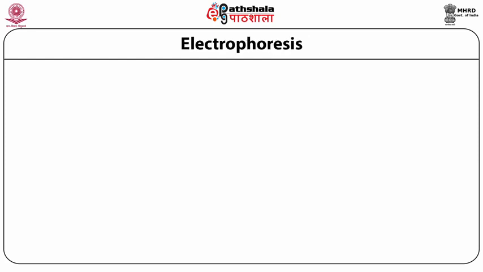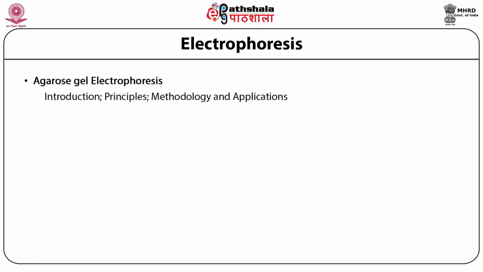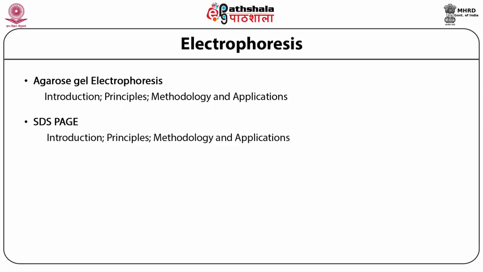Electrophoresis. Under the topic of electrophoresis, we would be getting into the details of four different types of electrophoresis. Agarose gel electrophoresis, and we would be discussing the introduction, principles, methodology, and applications. Second, sodium dodecyl sulfate polyacrylamide gel electrophoresis or SDS-PAGE, and under this we would be understanding the introduction, principles, methodology, and applications.